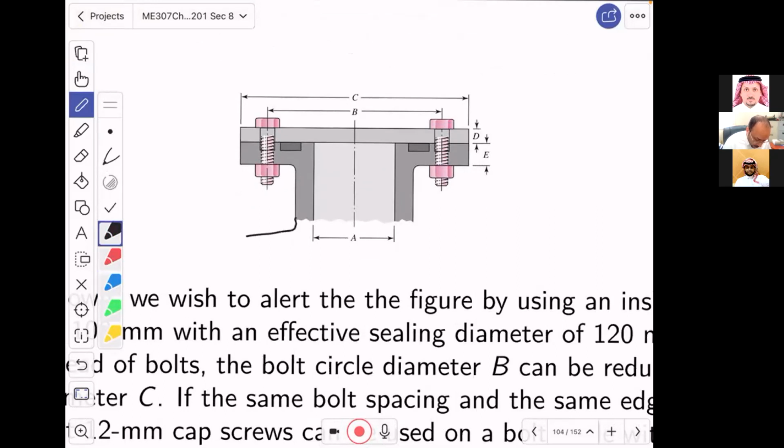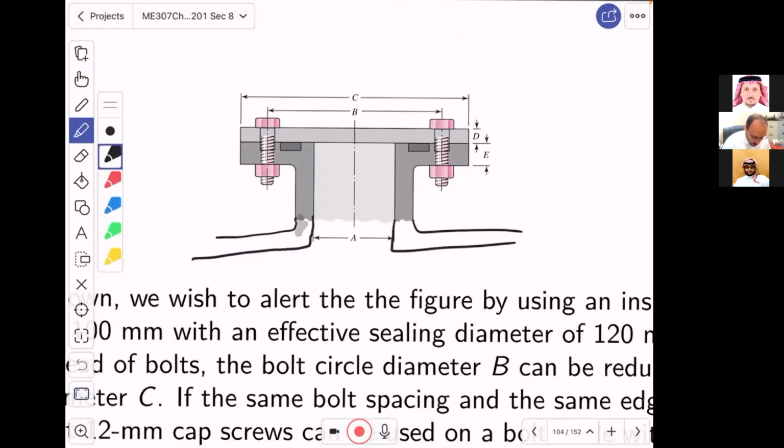If you look, this is the pipe. Okay? The pipe is like this. And the pressure, let's assume that the fluid is here running. But as the fluid sees this gap, it will go inside, in yellow.